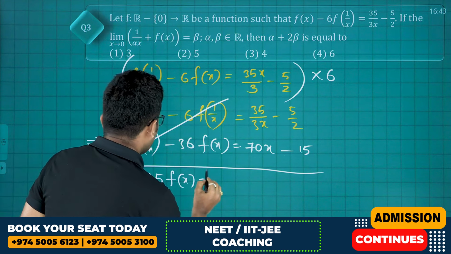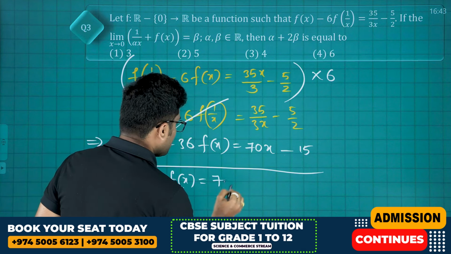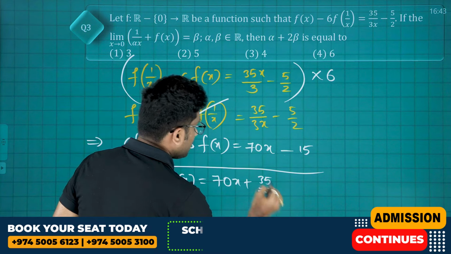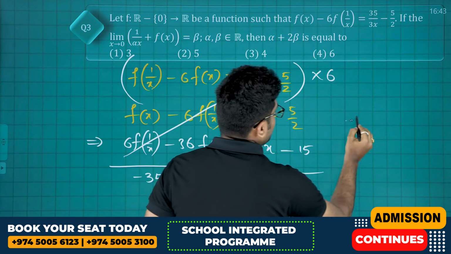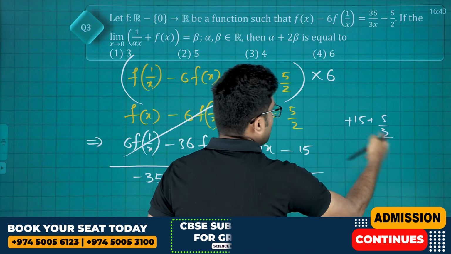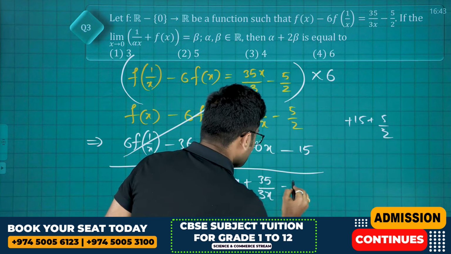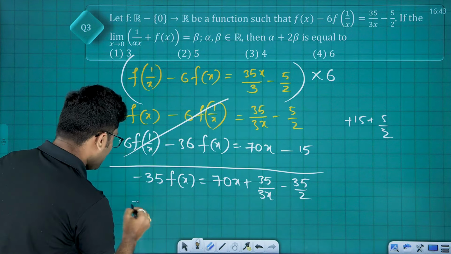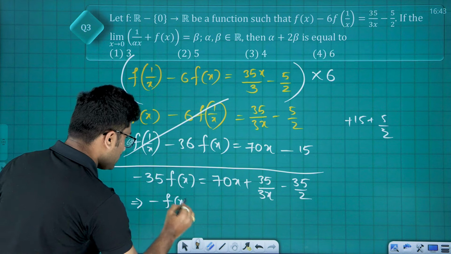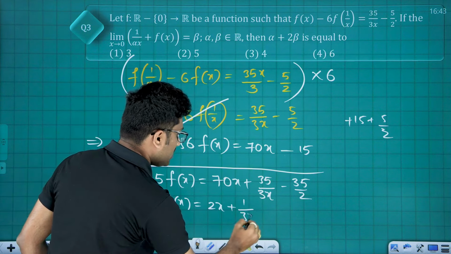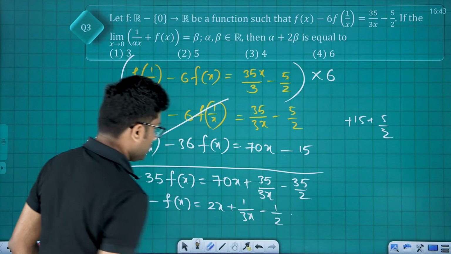equal to 70x plus 35 by 3x, and this is minus 5 by 2 minus 15. That is 15 plus 5 by 2, how much? 15 twos are 30, plus 5, that is minus 35 by 2. Divide by 35, then we get minus f of x is equal to 2x plus 1 by 3x minus 1 by 2.